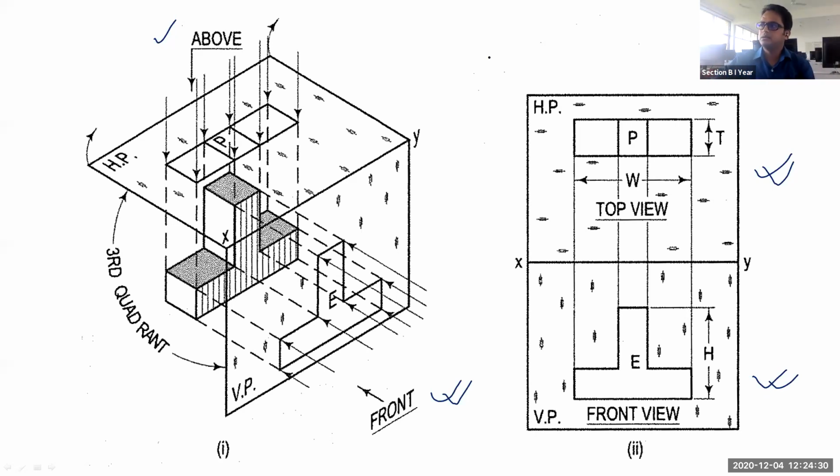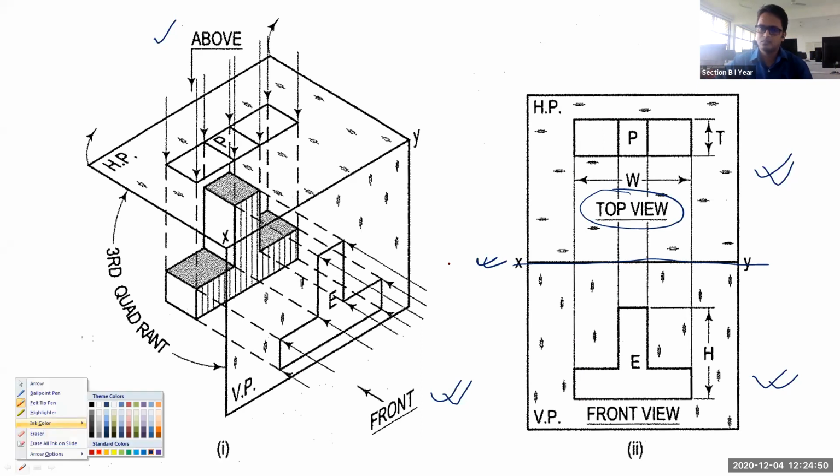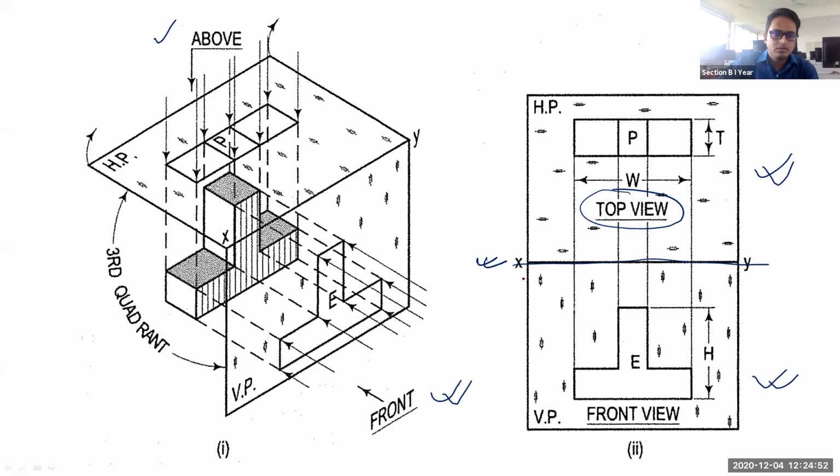Here, if you will see, the shape you are getting is the same as what you obtained in the previous one. Okay, only their position is changed. Top view is now coming above your reference line. This is your reference line, and the front view is below the reference line. So this is your front view. This is your top view.